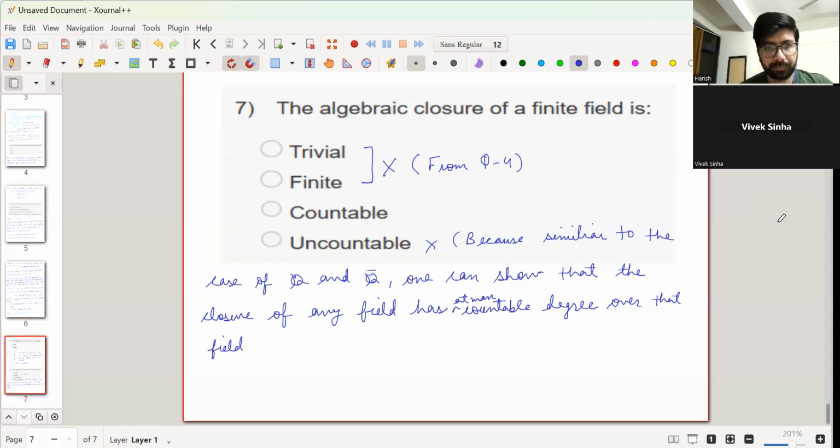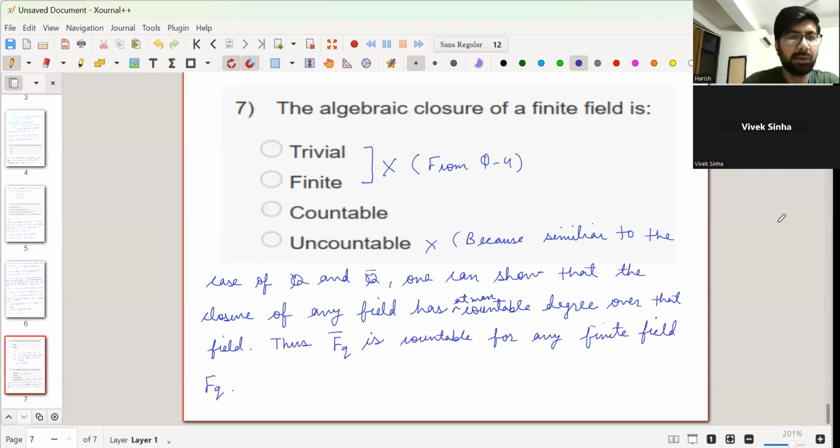And since F_p is finite, thus F_q closure is countable for any finite field F_q. So q is some power of p.